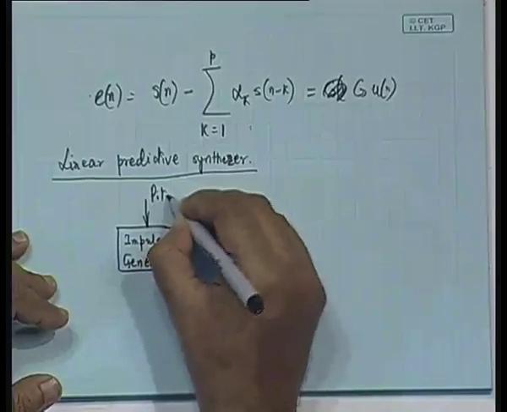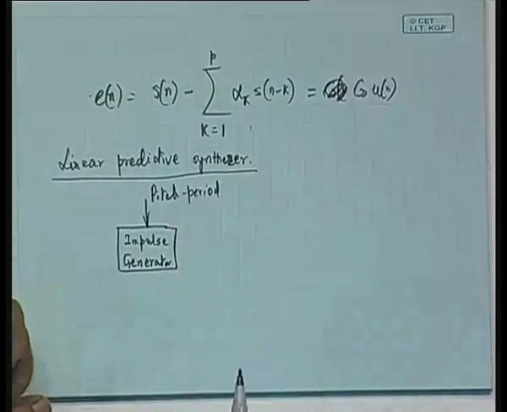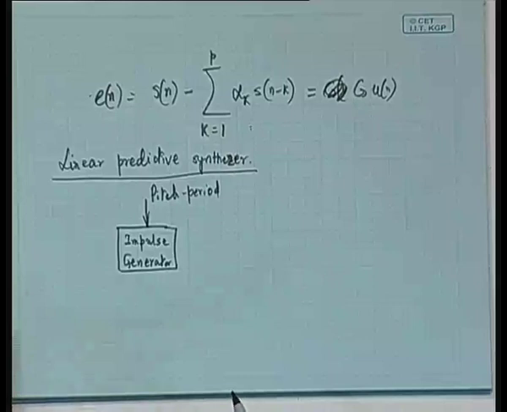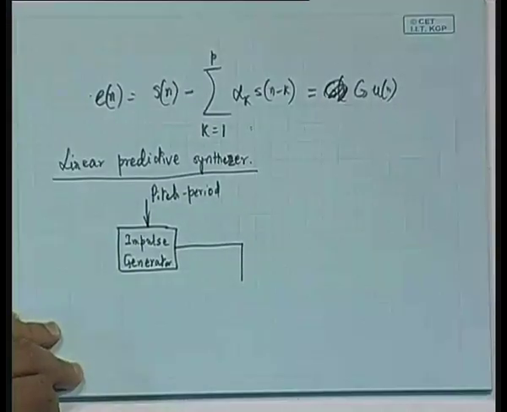The pitch period should be a parameter. So if we feed the pitch period, or our estimated pitch period, to the impulse generator, then it will accordingly generate a train of impulses at that frequency. And if next time the pitch period changes, then the train of impulses would also readjust its in-between impulse periods.